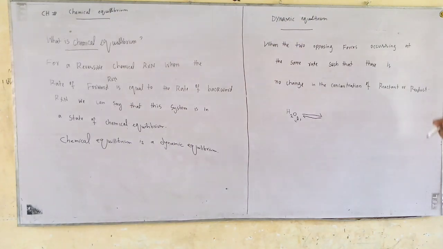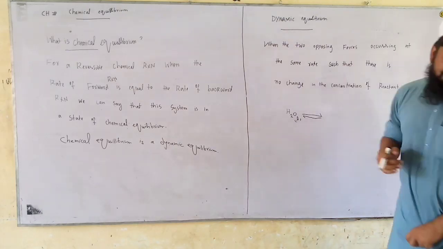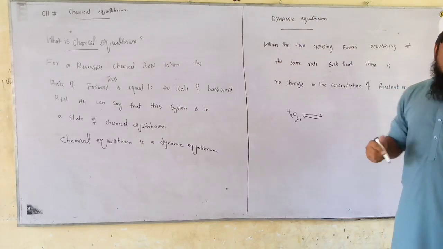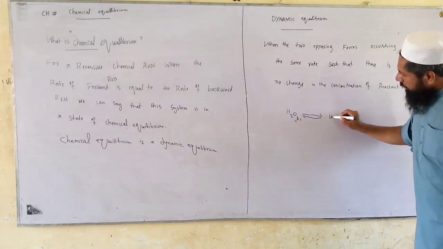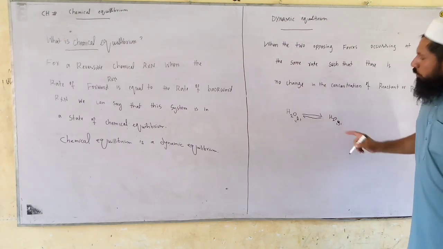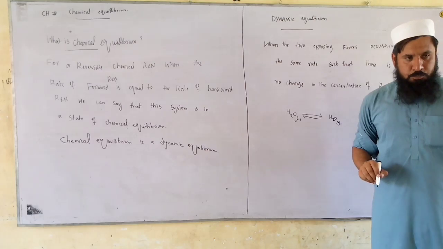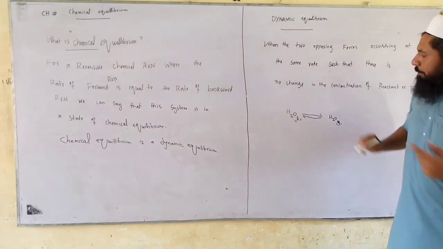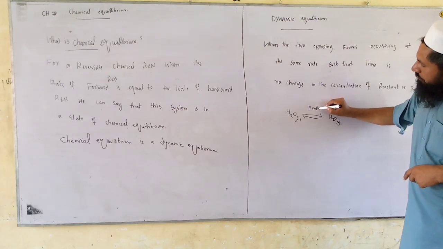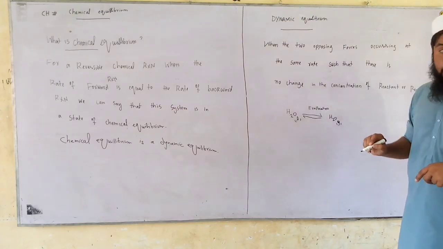When we increase the temperature of water, what will happen? It boils, it evaporates. Okay, so it converted into the vapor, gaseous state, vapor phase. So this is the evaporation process.